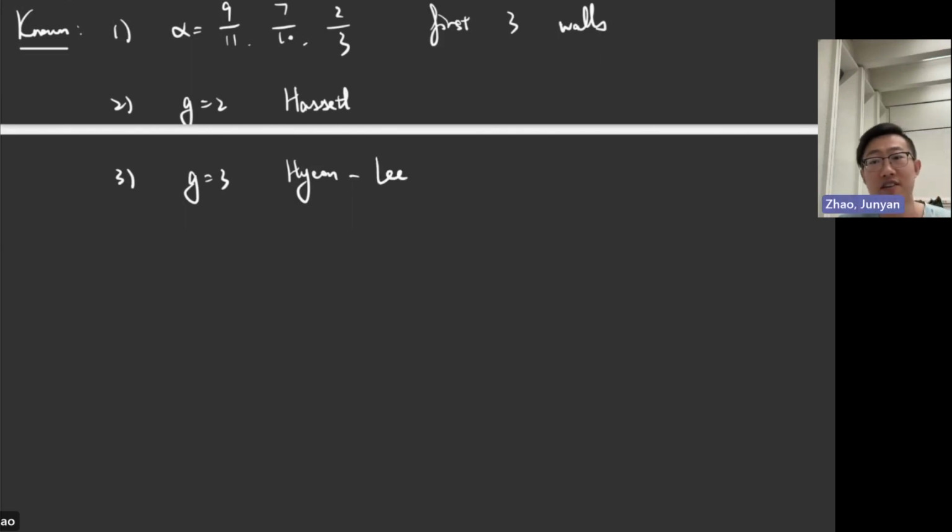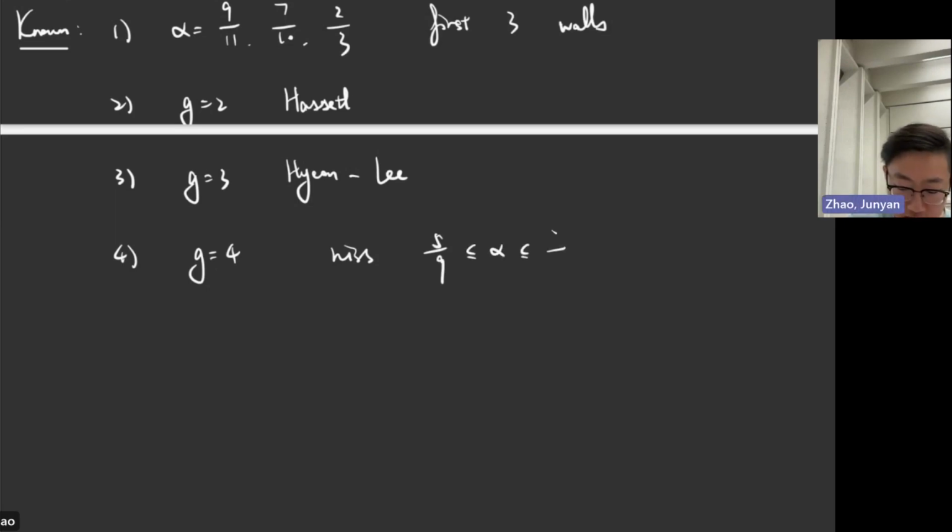But starting at genus 4, we don't know all the walls. When g equals 4, we know the case when alpha is bigger than or equal to 2/3 and less than or equal to 5/9. So we miss the walls when alpha is between these two numbers.